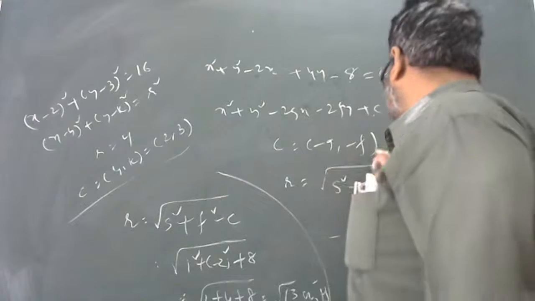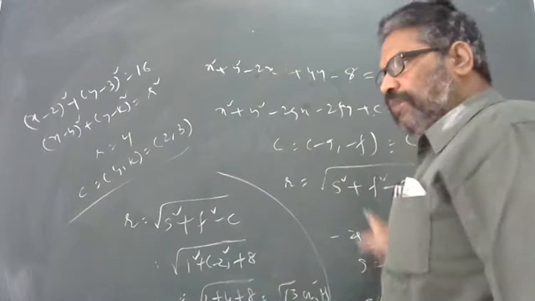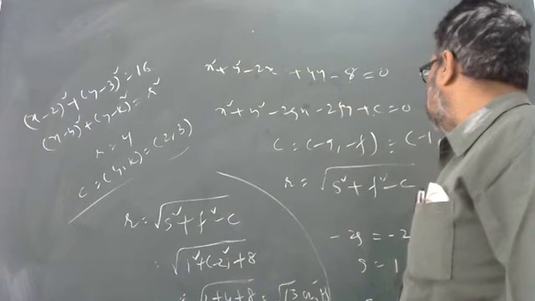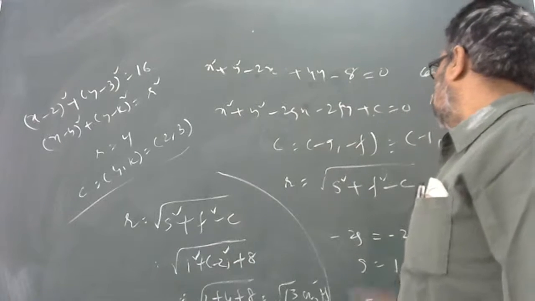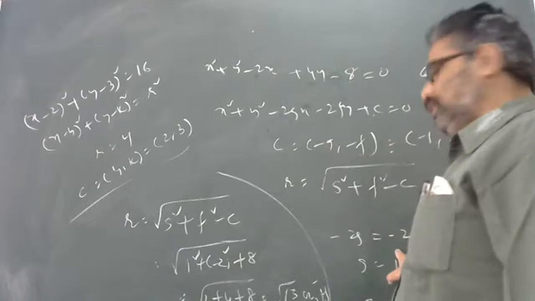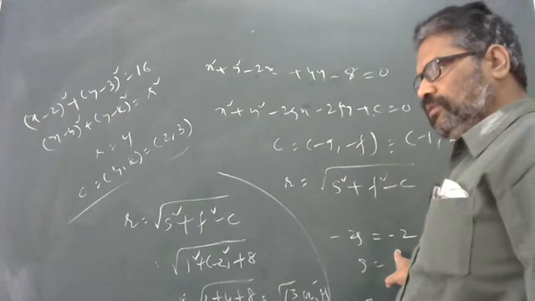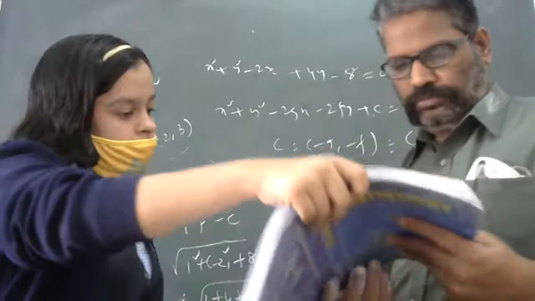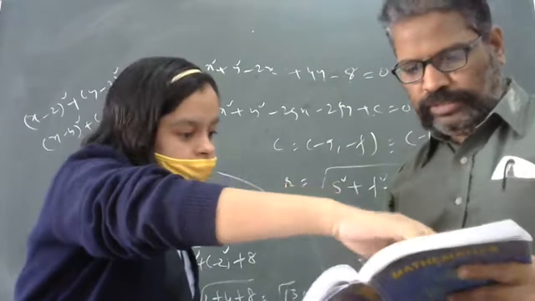Center is minus g, minus f, right? Minus 2gx is equal to minus 2x, the same equation given now.